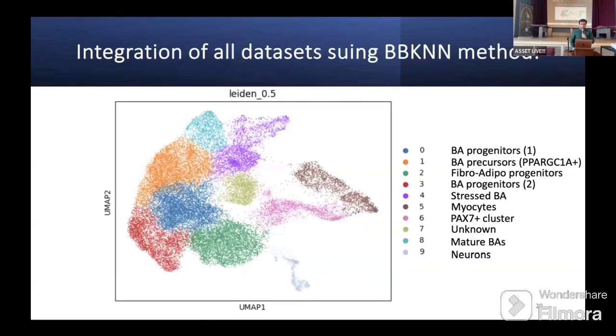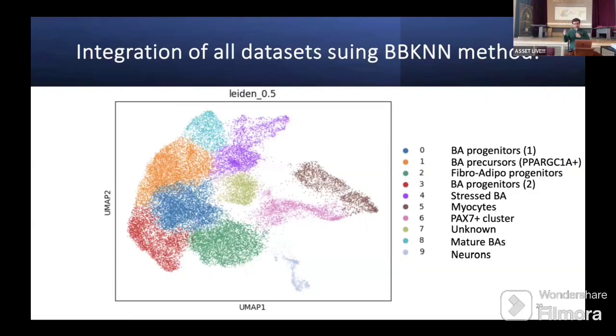So I used Scanpy in Python to treat this dataset, and I concatenated all of the datasets that I showed you. So we have in this figure all the cells from day 20 to day 75 of differentiation. We can clearly see the differentiation process. This cluster here, cluster number 6, is the earliest cluster.